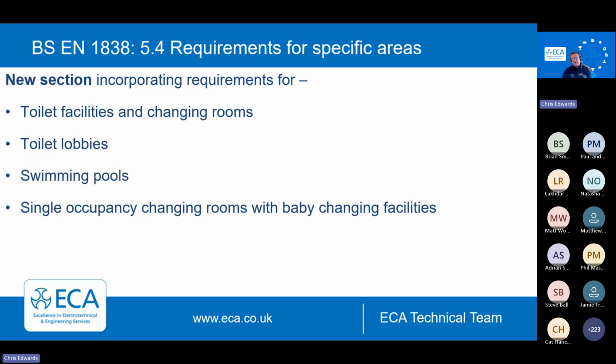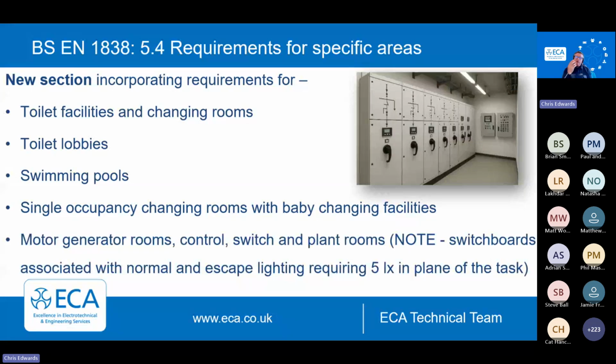It's section 5.4. They include toilet facilities and changing rooms, toilet lobbies, swimming pools, and single occupancy changing rooms with baby changing facilities. All of those have specific requirements. Some are 1 lux, some are 5 lux. But this is the one that I do wish to highlight to you and will probably affect most of us.